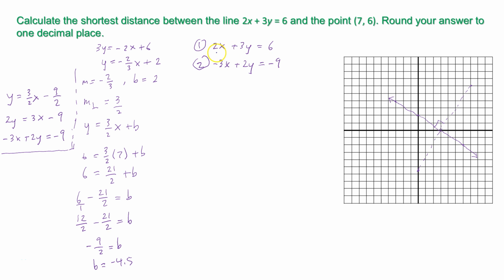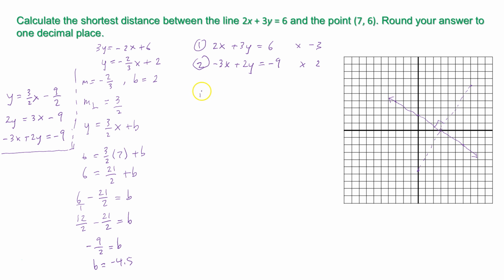So now I'm going to use elimination in order to eliminate one of the variables and then solve for the point of intersection. To do that, I'm going to multiply the first equation by negative 3, and I'm going to multiply the second equation by 2, so that I get the same coefficient in front of x for both equations.